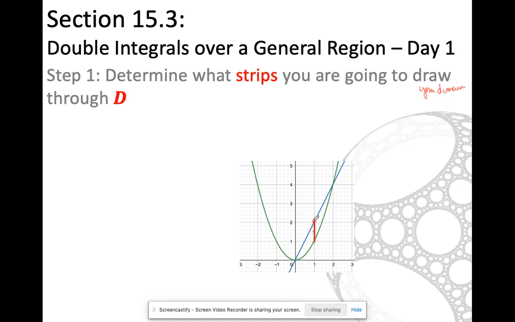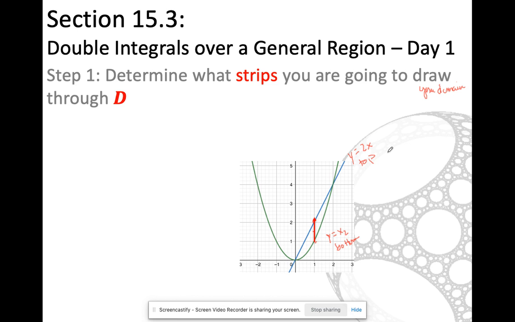Does the top of my boundary ever go off of Y equals 2X? No. Does the bottom of my strip ever go off of the bottom boundary, Y equals X squared? No.